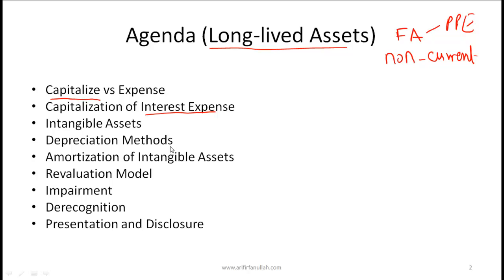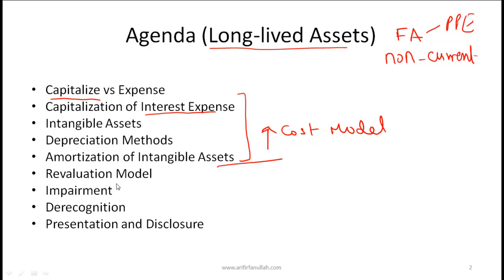Then depreciation methods like straight line, accelerated, etc. Amortization of intangible assets. The revaluation model, which is an alternative to the cost model. Most of this discussion will be based on what's called the cost model, which is what is traditionally used.